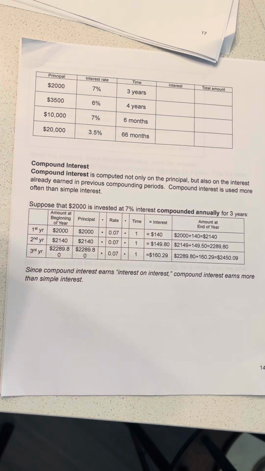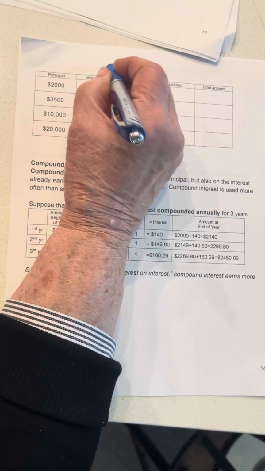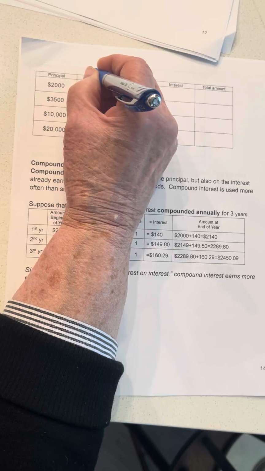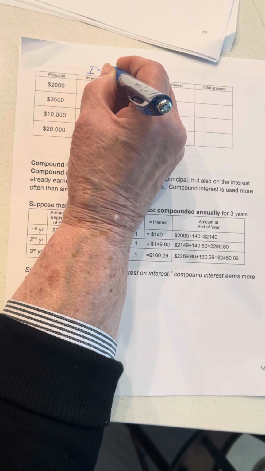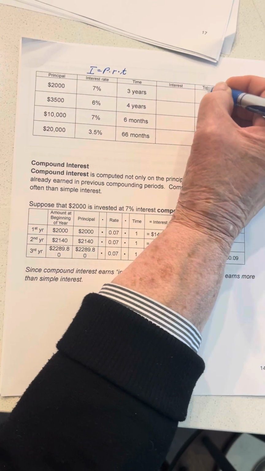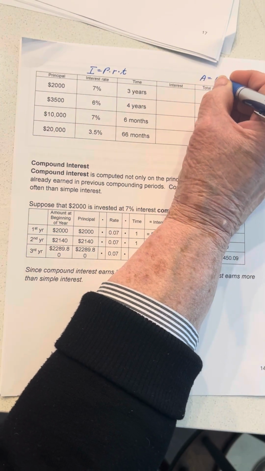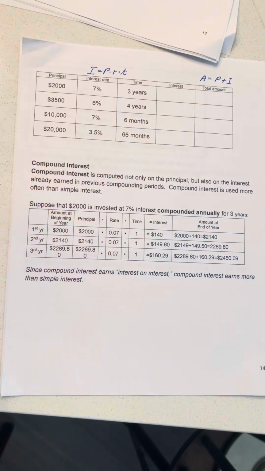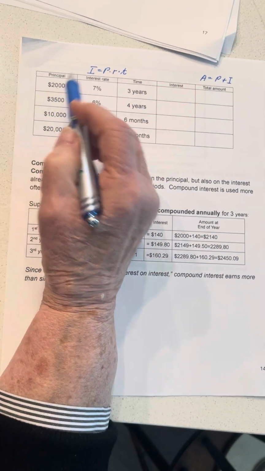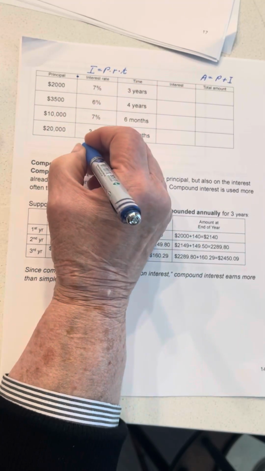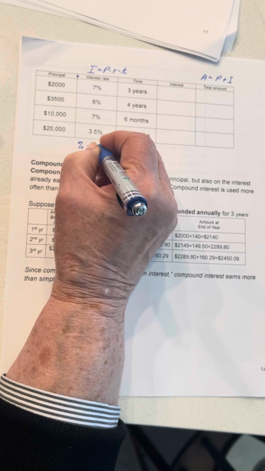So again, we have a little chart, and we know that the interest is the principal times the rate times the time, and the total amount is the principal plus the interest. So here we have the principal, and we're going to multiply it by the interest rate, but of course we're going to change this from a percent to a decimal.